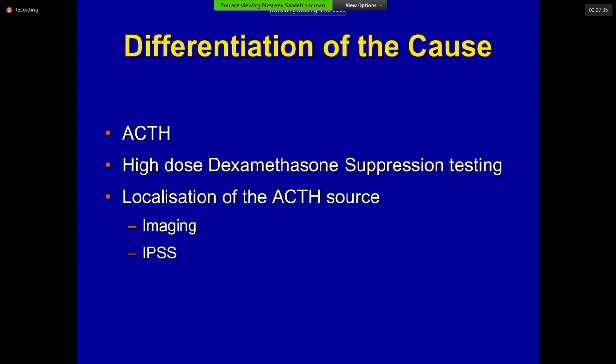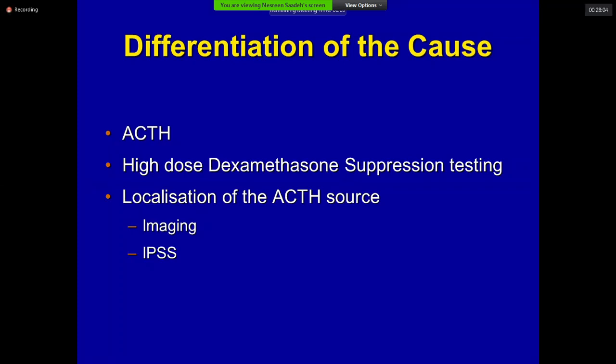Now, in order to differentiate between ACTH secreted from the pituitary or the ectopic, we do the high dose dexamethasone suppression test. Giving a higher dose of dexamethasone may let the cortisol get a little bit suppressed if it's secreted from the pituitary, while it does not affect the ACTH secreted ectopically from cancer. It will stay persistently high.